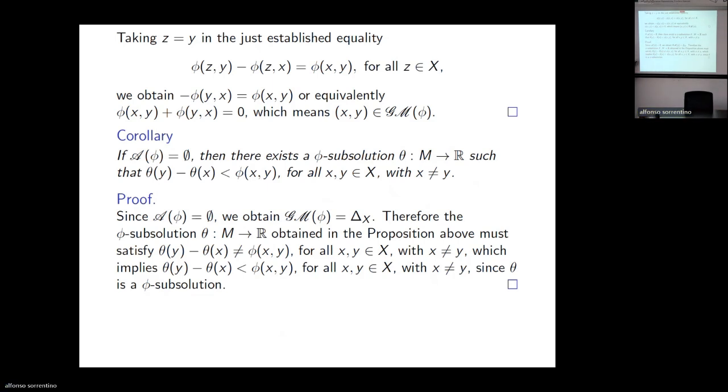And once you have a strict subsolution, then you can show a comparison principle. People always use the fact that you have something which is strict somewhere to get equality. If not, you cannot do it.